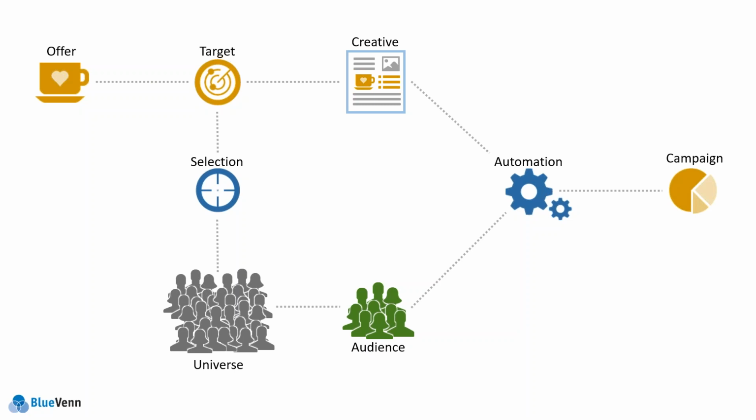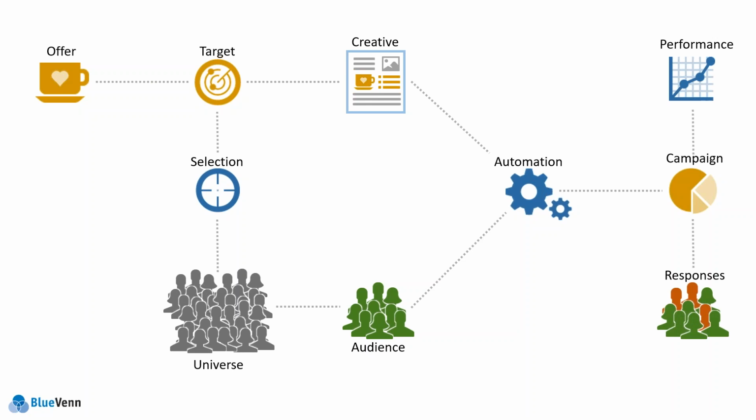Once the campaign is live and the customers start reacting to our proposition, we can then start understanding campaign performance and responses. On the campaign performance, these might be basic channel metrics like how many emails were delivered or sent, opened, and clicked.